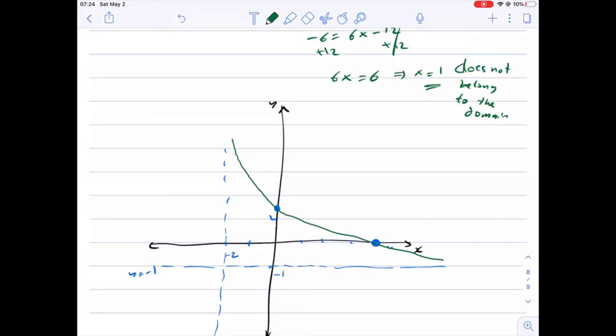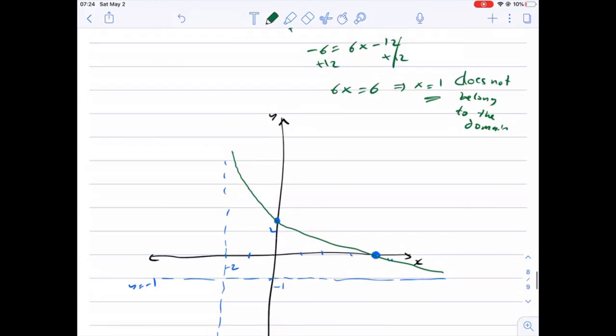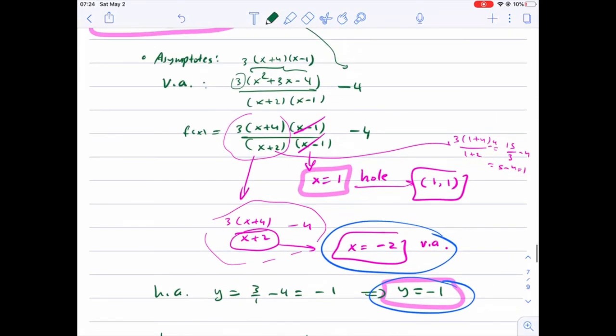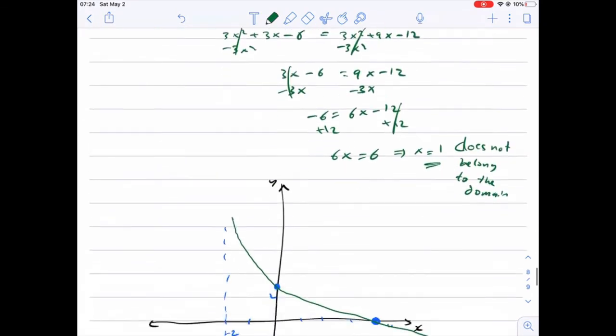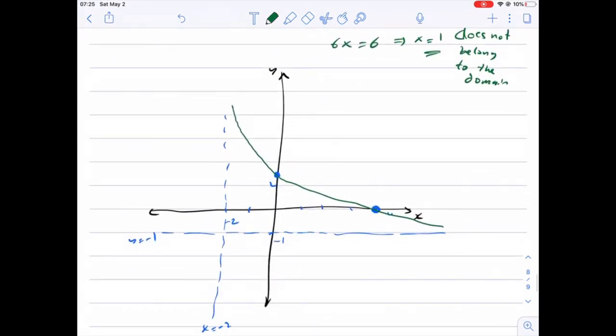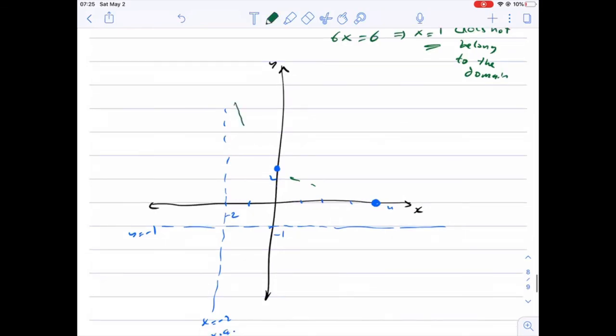And by looking at the graph, we know that there's a hole at 1, 1. So here we have 1, 1, so we make a hole here, so the function is not defined here, so the graph looks like this. At 1, 1 we have a hole, and then we continue the graph.